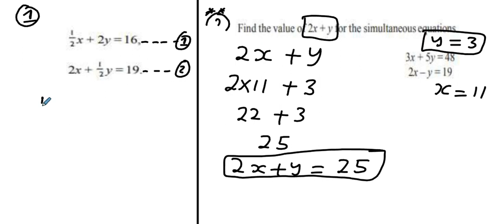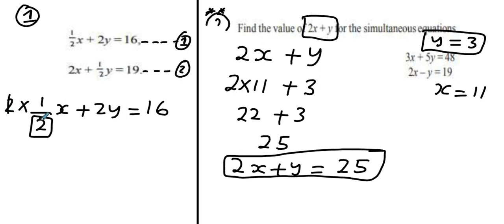So you have 1 over 2 x plus 2y equals 16. So the question is, how do we remove this denominator 2? It is easy. You multiply by 2. You see that? This 2 and 2 will cancel.